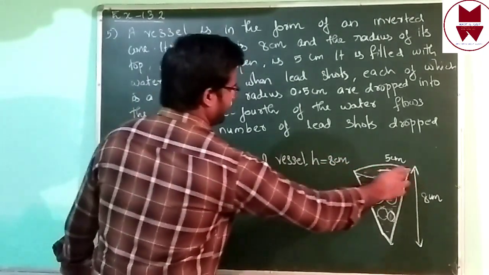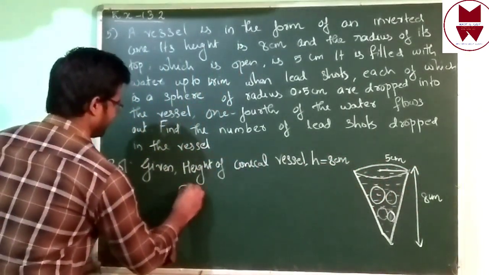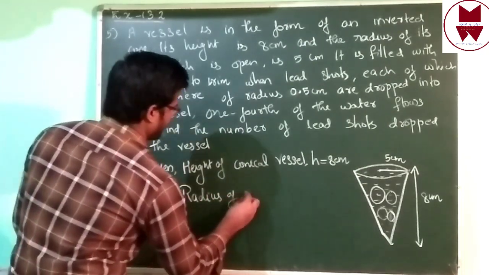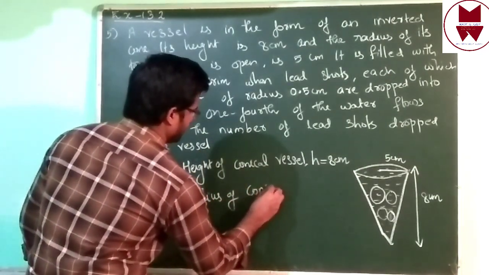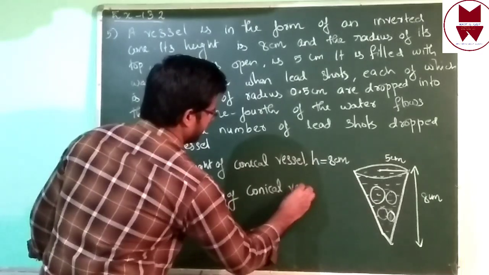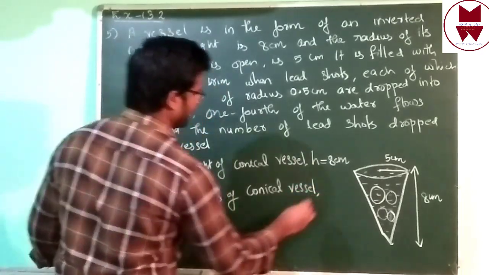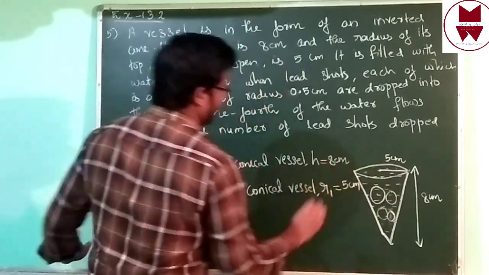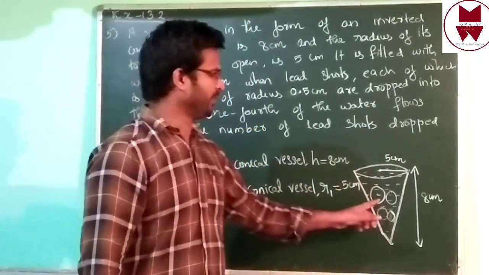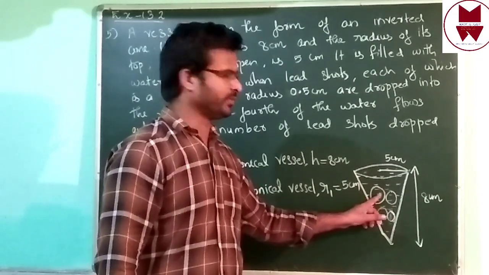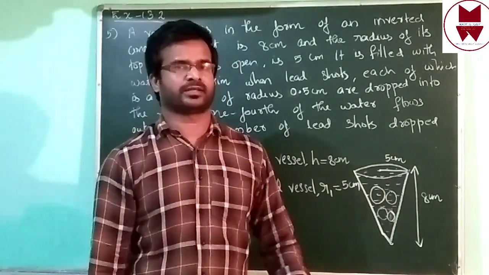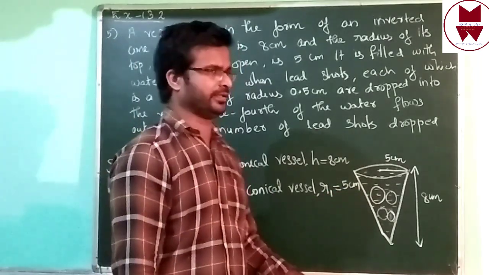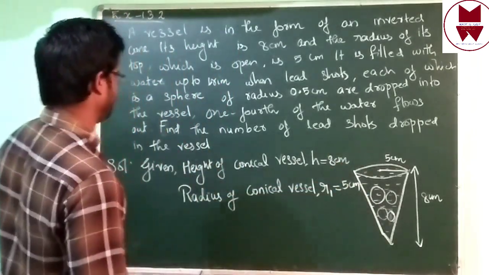Then the radius of the conical vessel, we can take R1 equal to 5 centimeter. Why I took R1 means one more radius is there, the radius of the lead shot, isn't it? Two different radii are there.